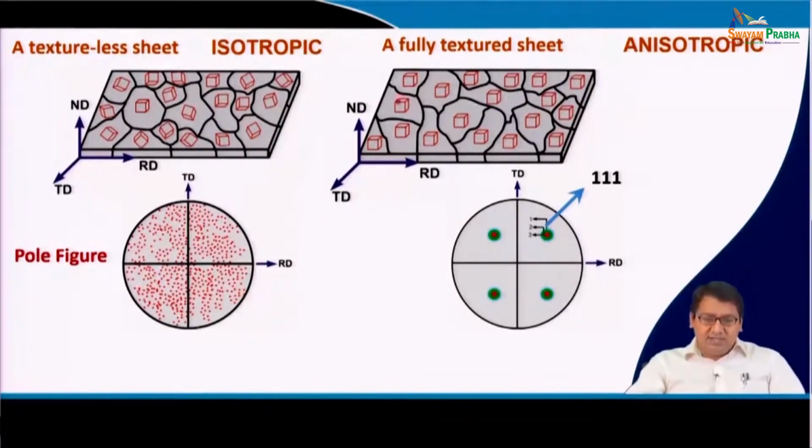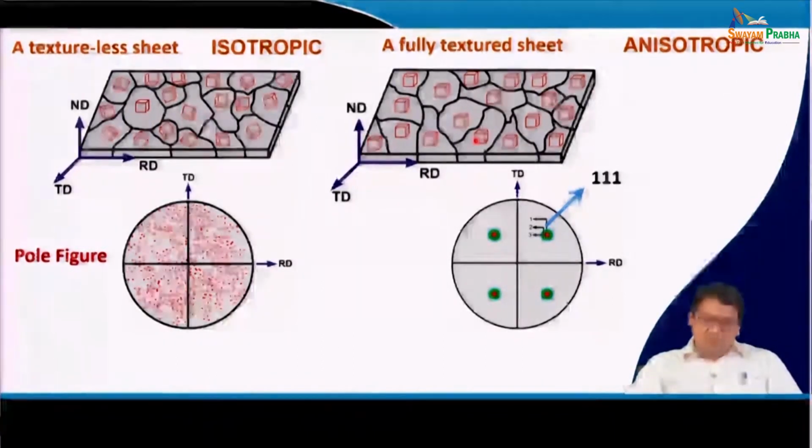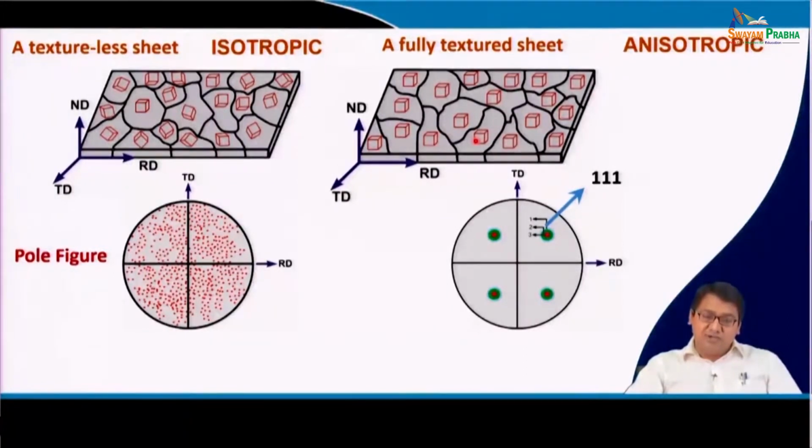On the other hand, let us show another very ideal case in which all the grains are oriented in the same way. Like you see that the axes of these grains are oriented along RD, ND and TD of the sample, and therefore, if you look into any one of these grains, in the horizontal you have the 100 axis parallel to RD.